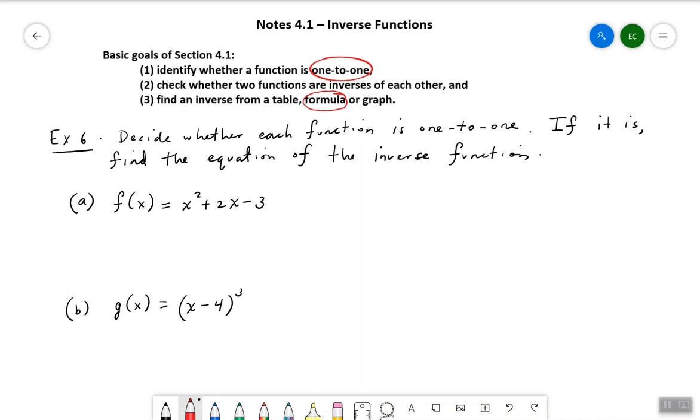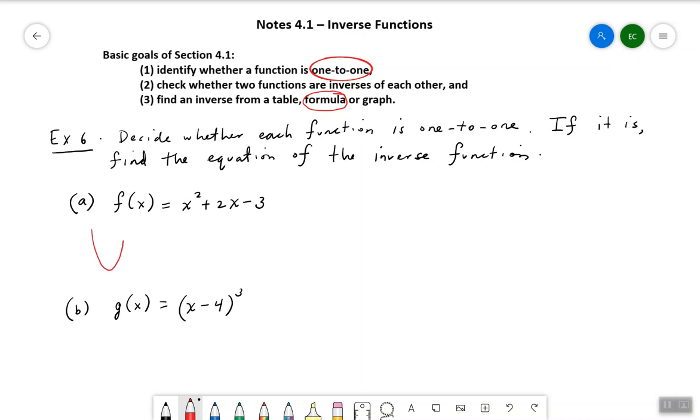So in example 6, decide whether each function is one-to-one. If it is, find the equation of the inverse function. And so we look at this first function, x squared plus 2x minus 3. Probably the easiest way to do this is to think about the graph of f of x. What does that graph look like?